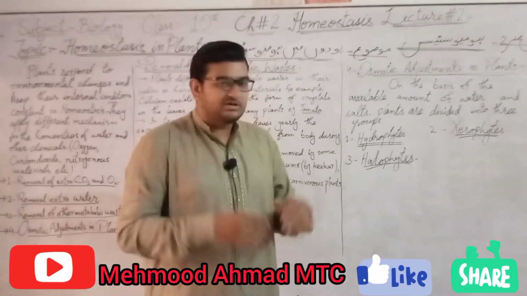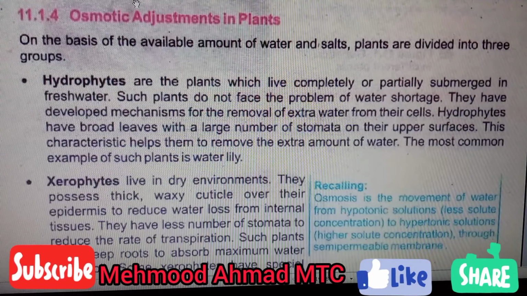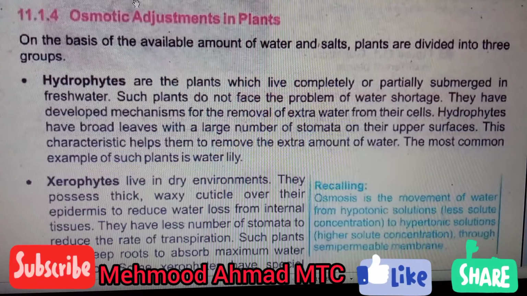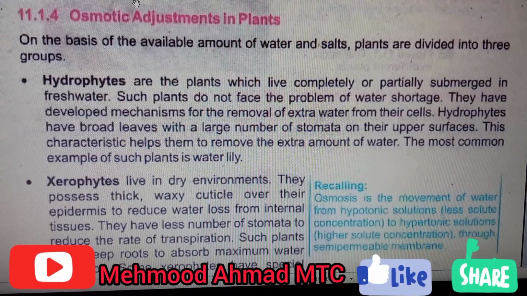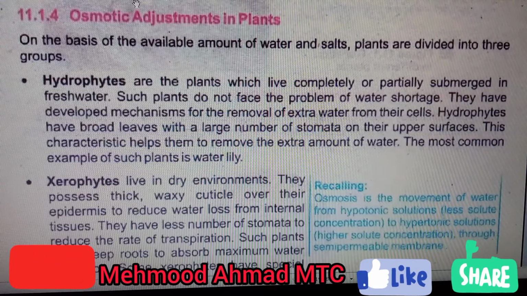So let's move towards their details. So students, their details are as follows. Number one is hydrophytes. Hydrophytes are the plants which live completely or partially submerged in fresh water. Such plants do not face the problem of water shortage.